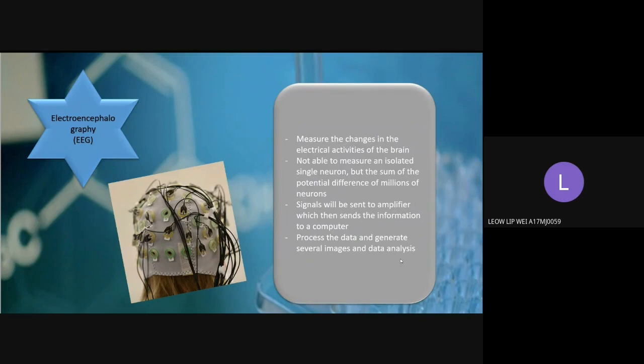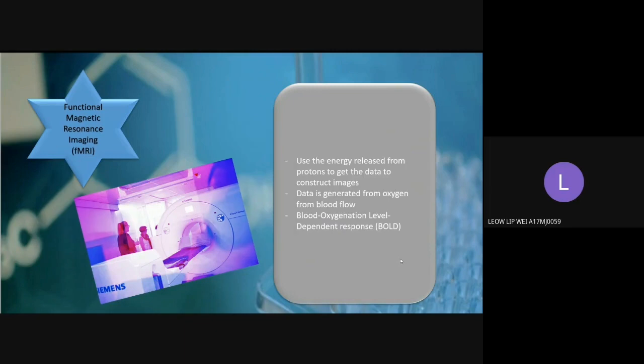So next, I'll talk about fMRI, functional magnetic resonance imaging. In fMRI, it uses the energy released from protons to get the data to construct images.